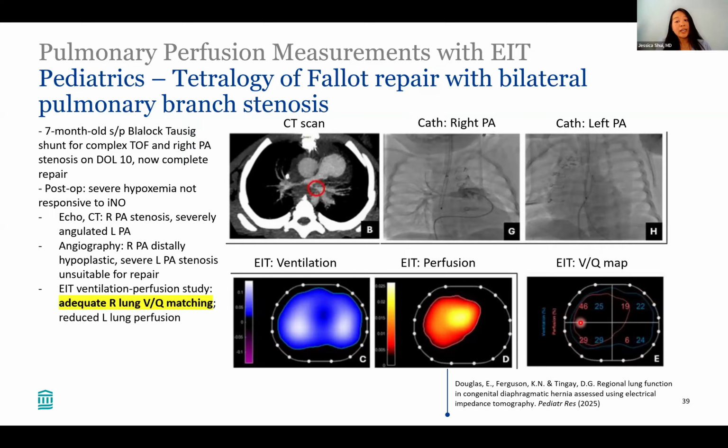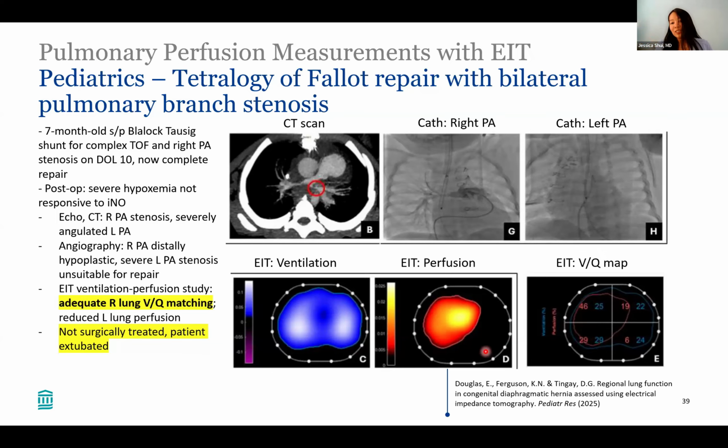You can see that there was actually adequate right lung perfusion, certainly not on the left lung like we saw in the cath lab, because functionally, even though there was distal stenosis, the blood is still making it through to have adequate VQ matching. So the team chose not to intervene on that right PA, and the patient eventually was able to be stabilized, extubated, and tolerate a lower acceptable range for SATs.